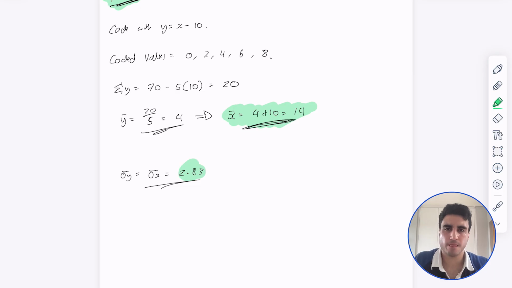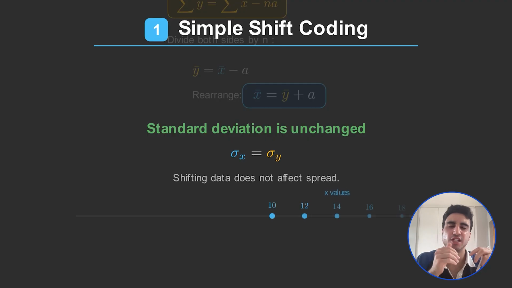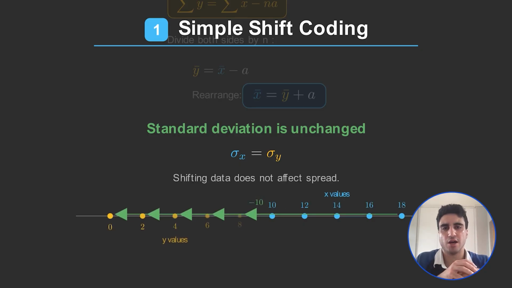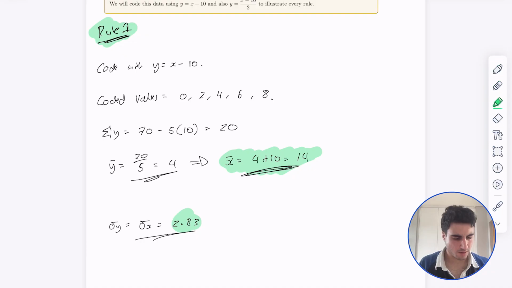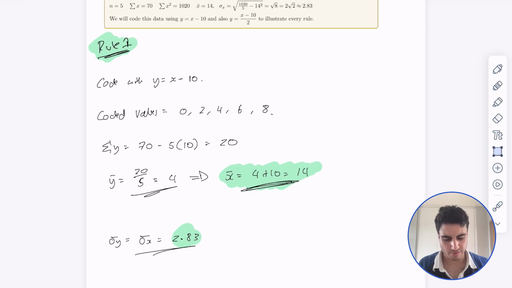Now, why is that? Well, that happens because all we've done here, guys, is we have shifted our values. We haven't scaled them. So as a result, the spread hasn't changed here. It's stayed the same. All we've done is alter the shift, but the spread stays the same.